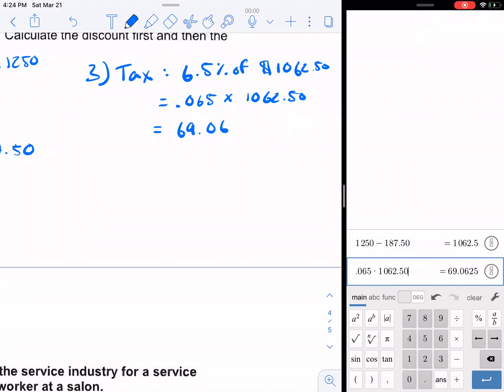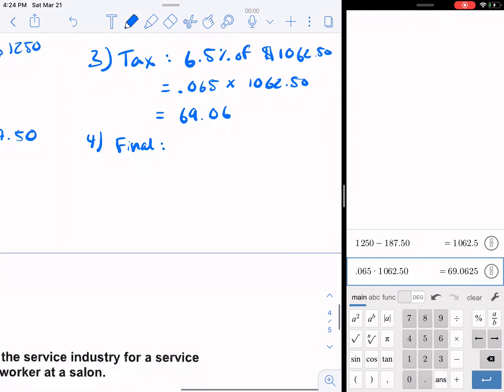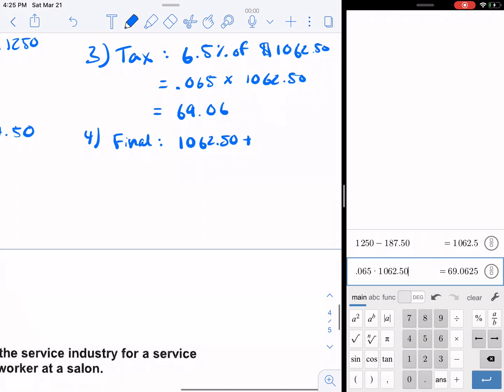Now, the last thing we need to find is the final cost. So, how do I find the final cost? Well, the sale price is $1,062.50. And now I'm going to pay an additional tax, so I'm going to add more.